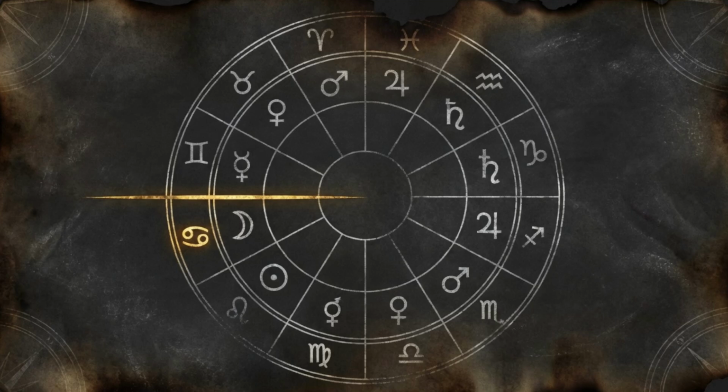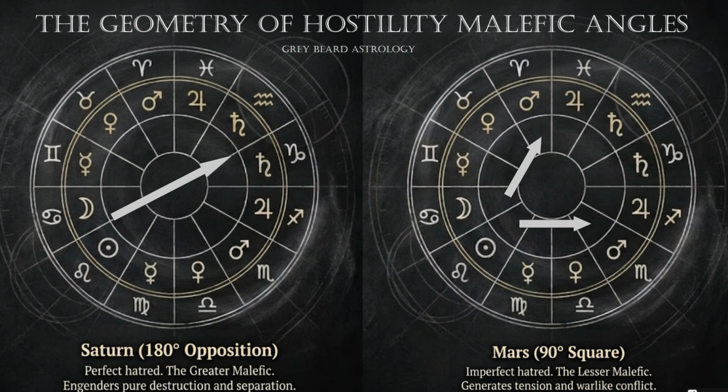We've matched up why the planets have two houses that they rule. This is interesting here. So we have the geometry of the hostile malefic angle. So this is what I touched on earlier. So we have Saturn opposite the Sun and opposite the Moon.